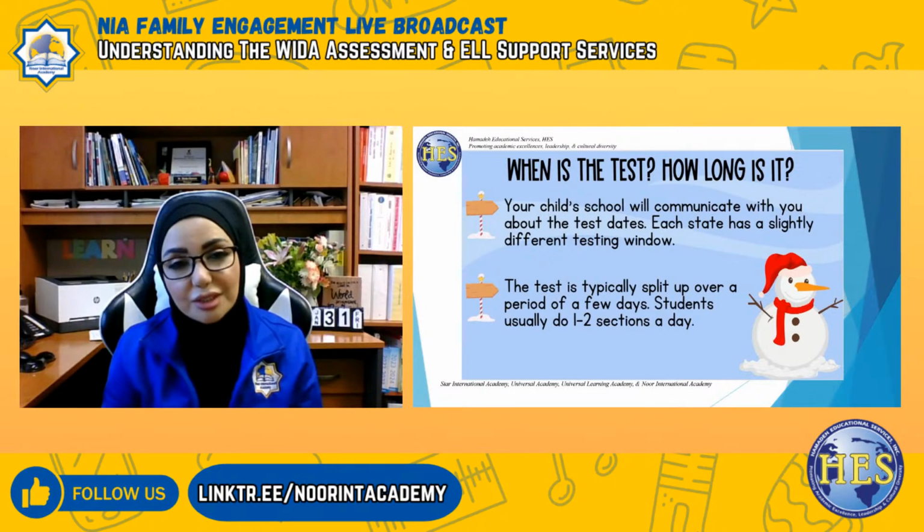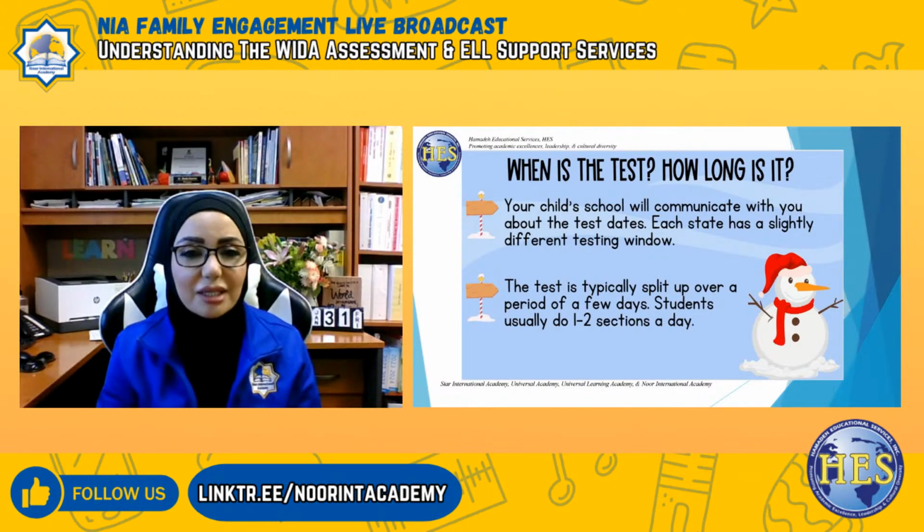The window is provided to us from the state of Michigan, and within that several-week window, each of our academies identifies a specific time frame in which different grade levels, possibly different sections, are going to be assessed. From there, teachers will specifically share with parents when to anticipate their child beginning testing on the different domains.